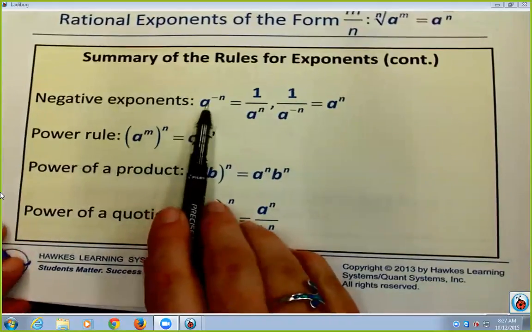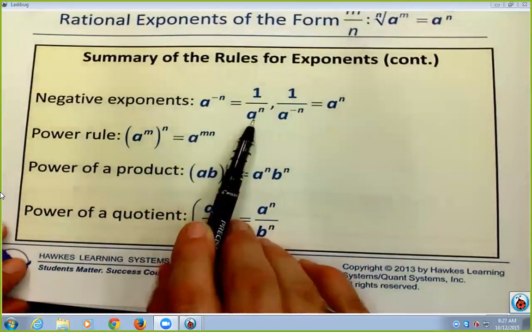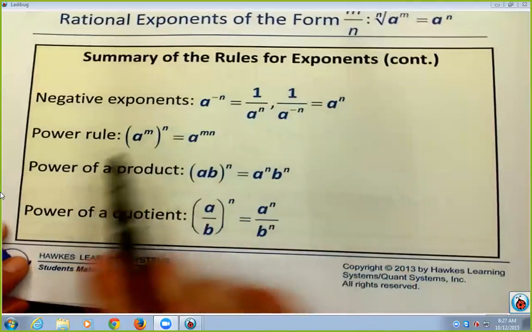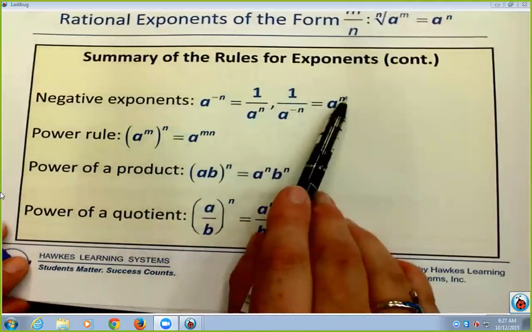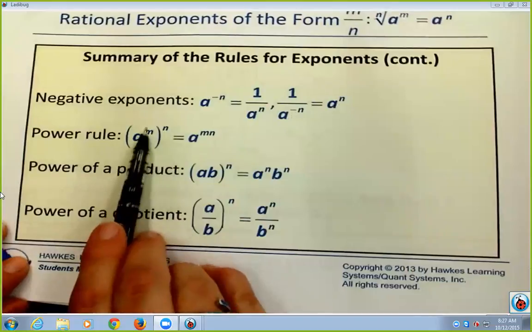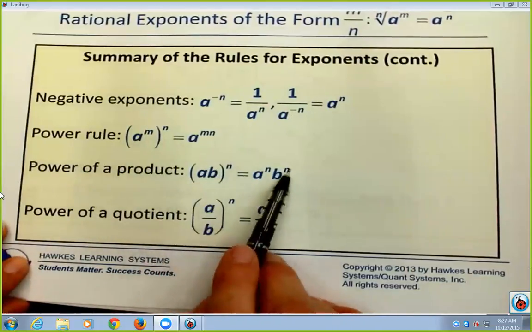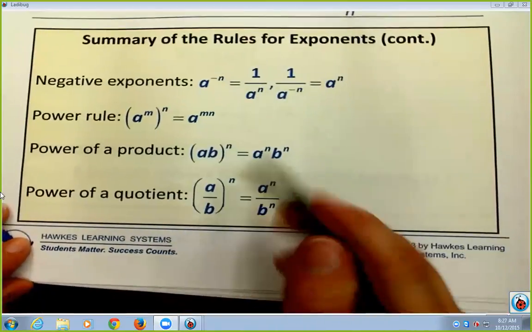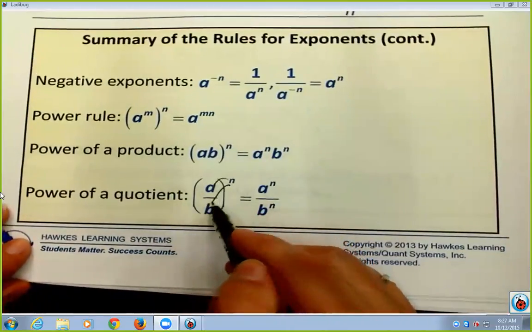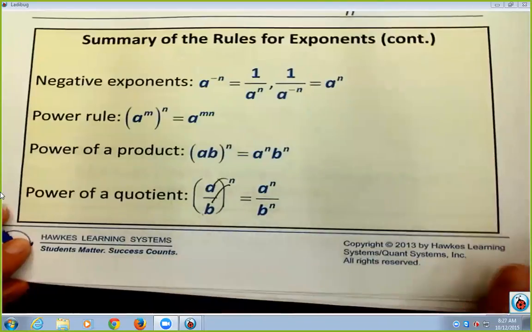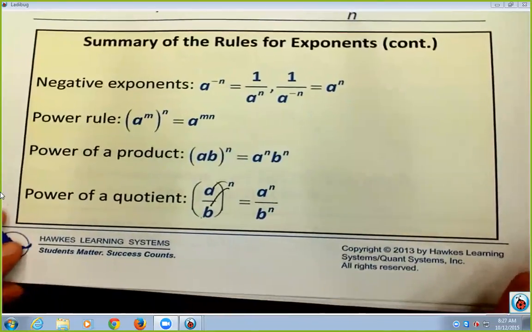A negative exponent moved to the bottom and became positive. A negative exponent at the bottom moves to the top and becomes positive. The distribution piece, and this one I didn't have in there, but you distribute the n by each piece within your fractional part too.